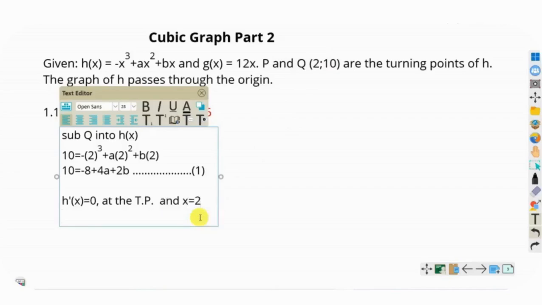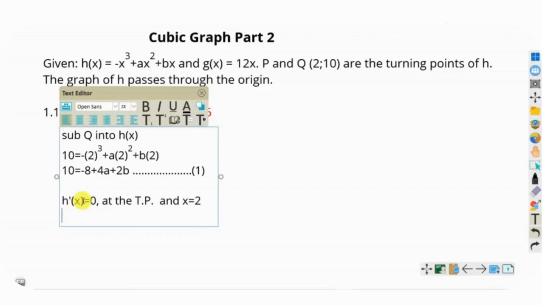Okay, so I'm going to derive the graph and equate it to 0, because we know that at the turning point the gradient is 0. That was covered on part 1 of the cubic graph.